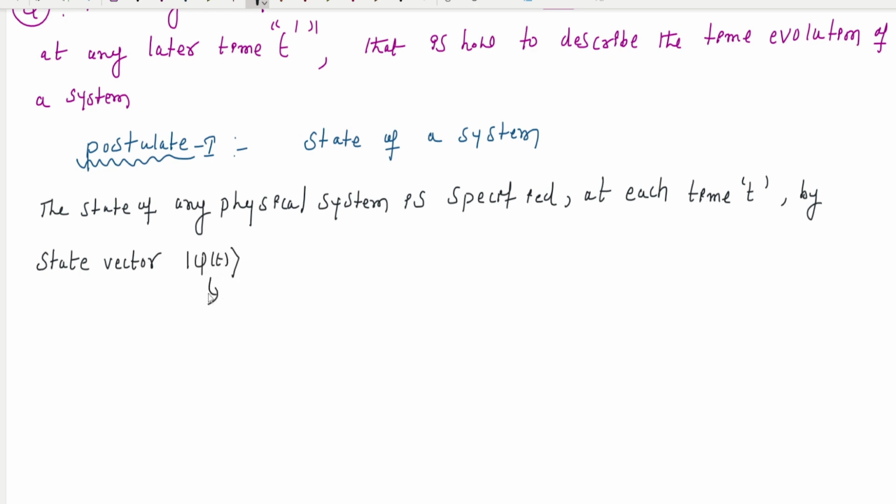This is a ket. So these ket vectors belong to Hilbert space. Hilbert space H. Okay, or else we can write like this.